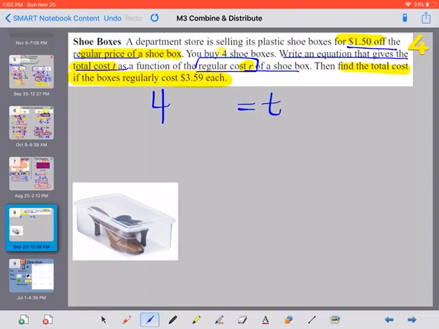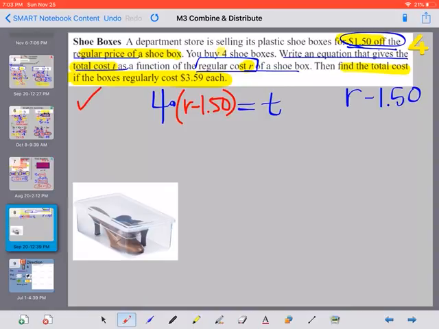So however many shoe boxes we get, 4, we're multiplying that by $1.50 off the regular price. So we can write that as the regular price, take away $1.50 to give us the price of the shoe boxes. So we're taking 4 and we're multiplying it by R minus $1.50. I put it in parentheses because we don't know what that cost is, but solving that would give us the cost. So first we wrote an expression, or an equation.